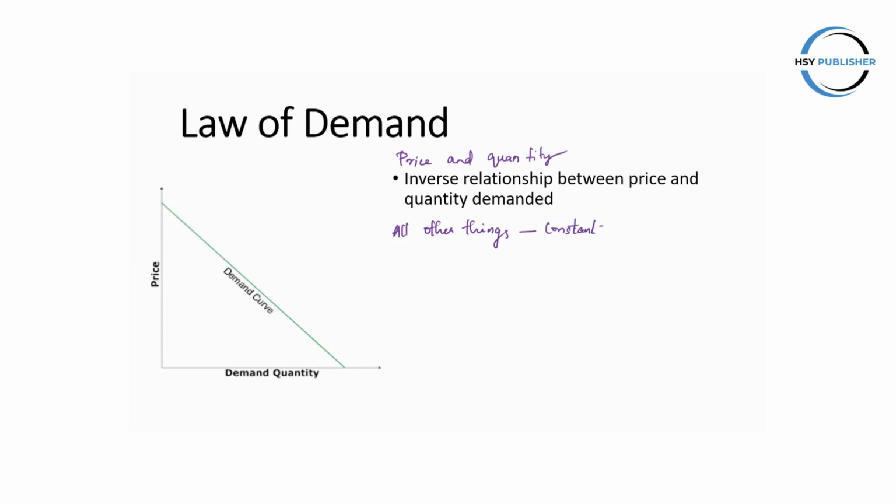Okay. Now, when we consider the relationship between price and quantity demanded, we find that there is an inverse relationship between these two parameters. How? This can be established with what is called a demand curve.